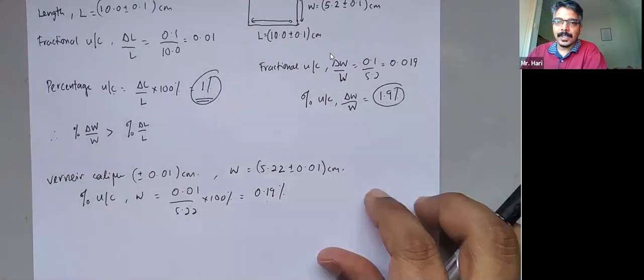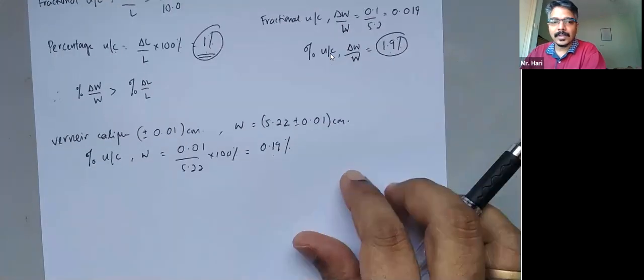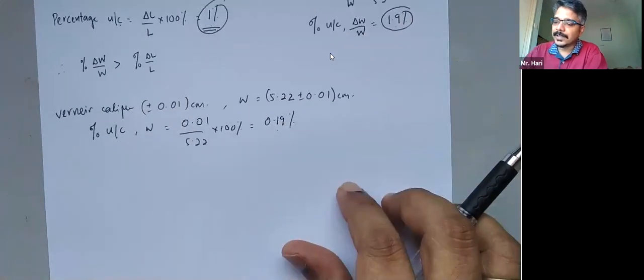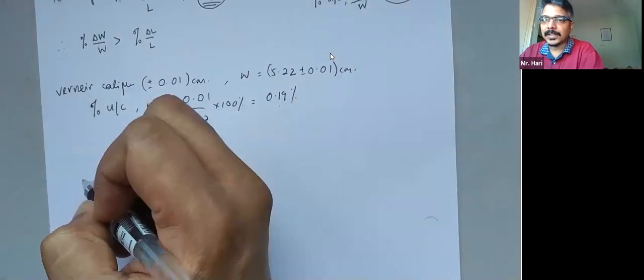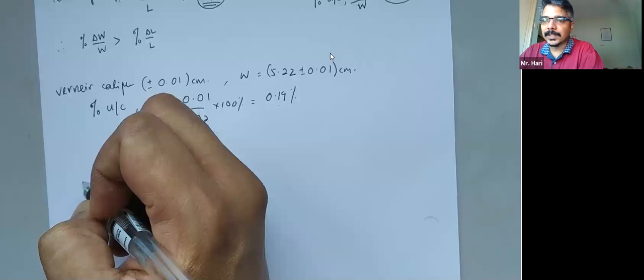Okay, the next part is how do we calculate the absolute uncertainty for a given physical quantity.